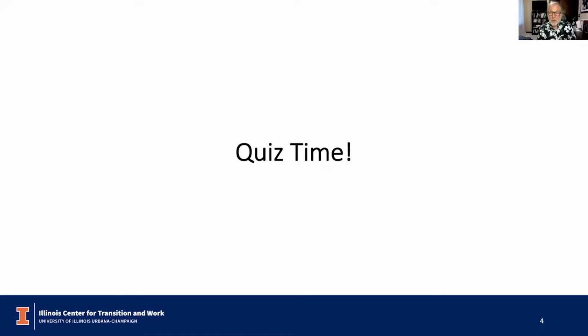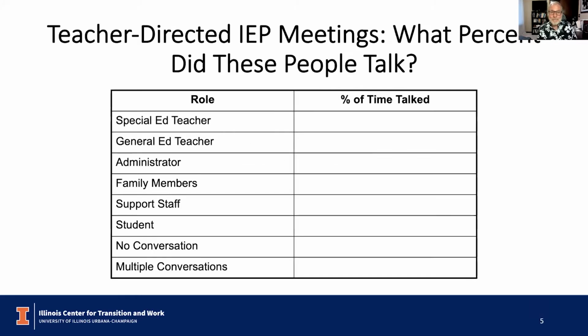So here we go. Quiz time. You ready? Teacher-directed IEP meetings. What % of time did these people talk? These are the typical secondary transition IEP meetings, teacher-directed. What % of time do you think the special education teacher talked? General ed teacher, administrator?